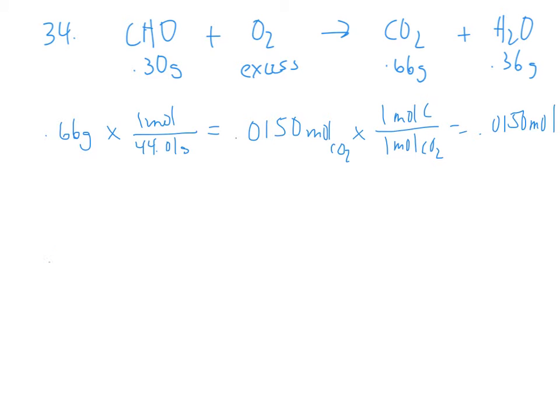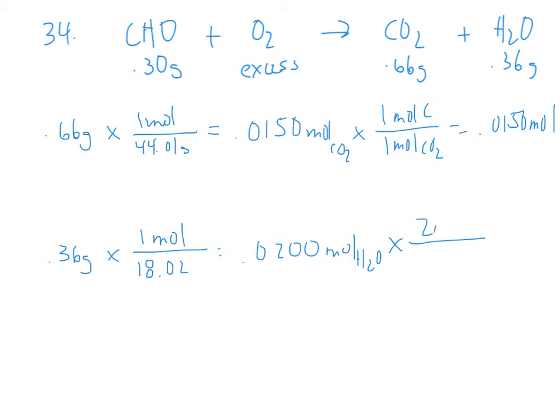I can do the same thing with the H2O, 0.36 grams, 1 mole, 18.02. I'm only going to come up with a bit smaller amount here, 0.36 divided by 18.02, 0.01999, so about 0.0200. Actually, I guess that's a slightly bigger amount, but this is my H2O.